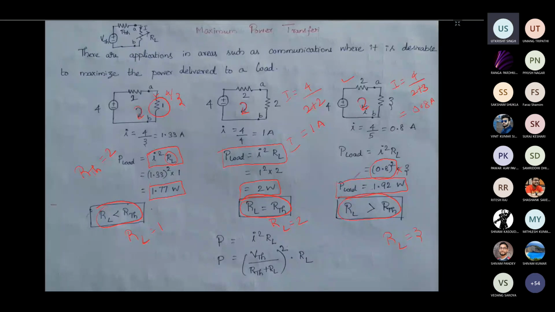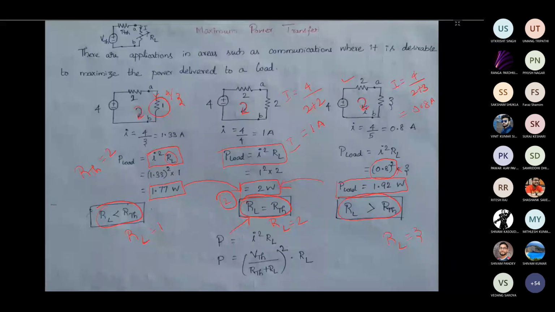So you can see the power dissipation for the individual resistances. For the second case, you can see clearly that when the load resistance is the same as the Thevenin equivalent value, then you are getting the maximum power dissipated in the load.